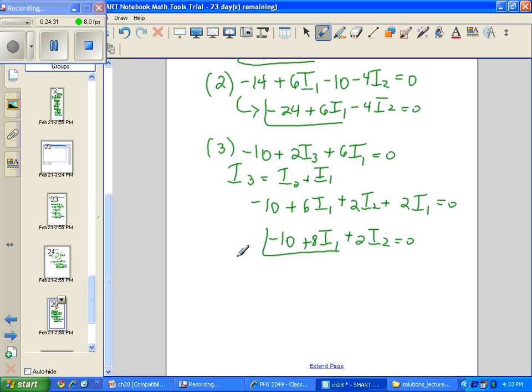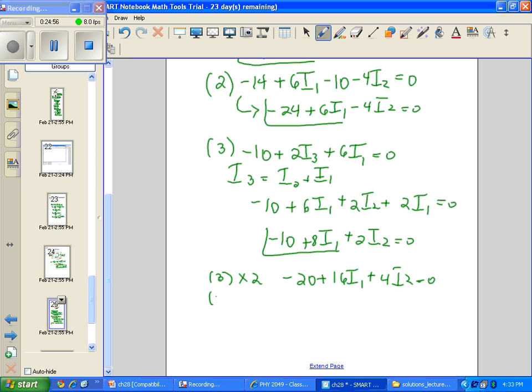So let's proceed. Multiplying equation 3 by 2, I'm going to get minus 20 plus 16I1 plus 4I2 equals 0.